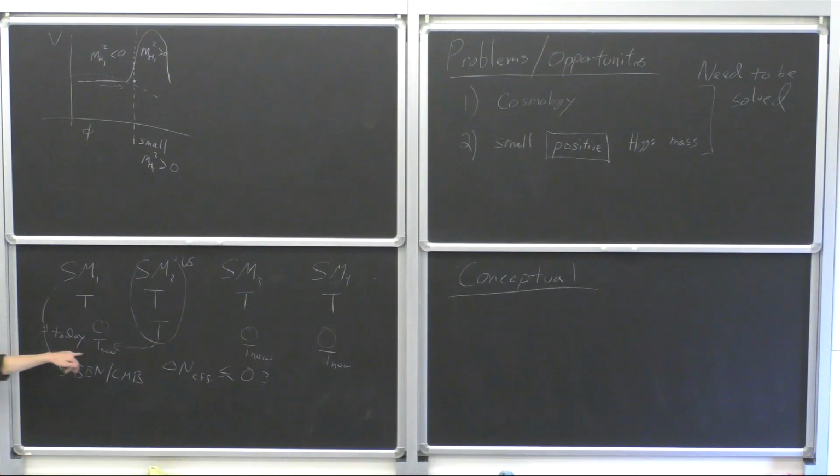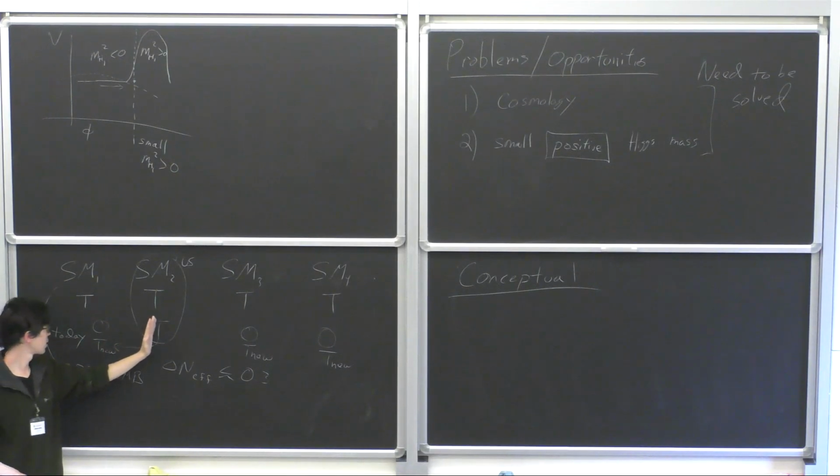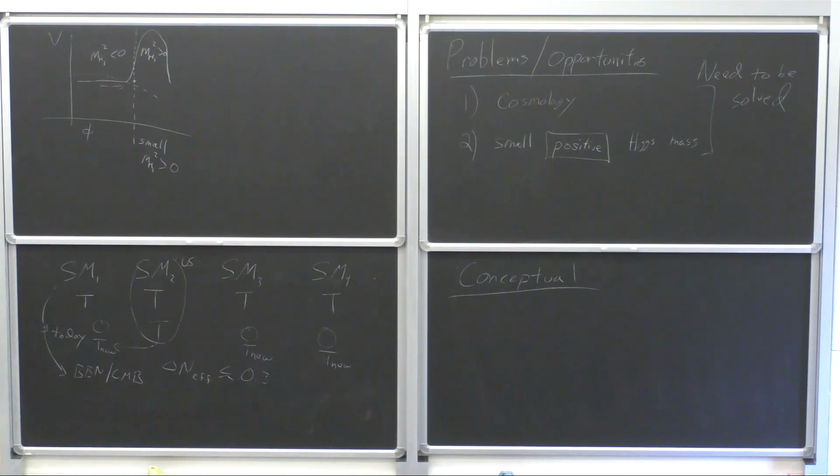These are all a bunch of dark sectors. Even if I said there was no temperature, no energy, nothing of them around, right? If there's nothing of them around, there are no bounds from at least astrophysics and cosmology. But that's not consistent to just take them equal to 0 and then live with it.